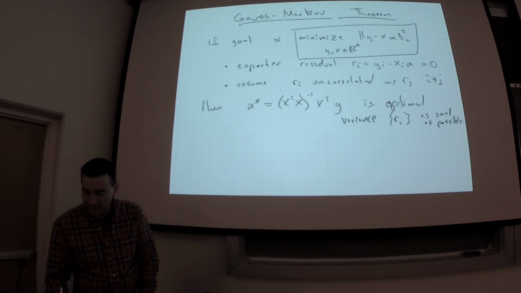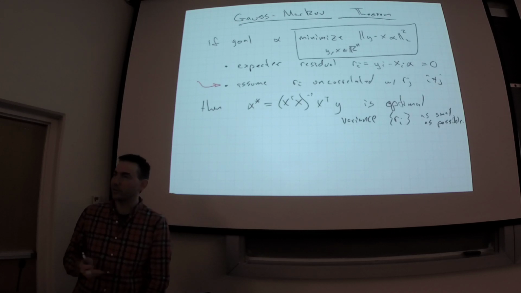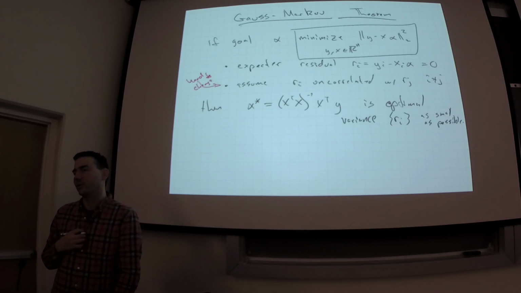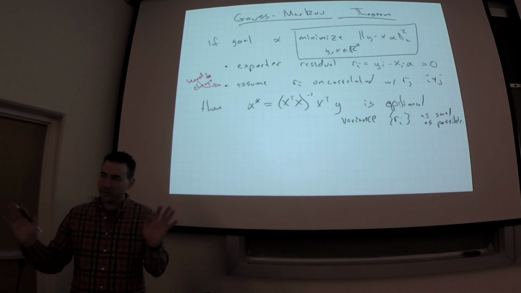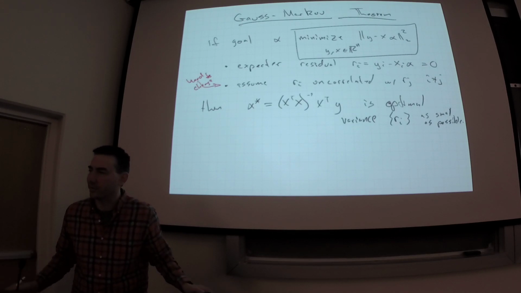You can do more stuff if you assume this, but it's hard to change. It's hard to deal with correlated residuals. There are definitely whole subfields that deal with this. They're not in the scope of this class.